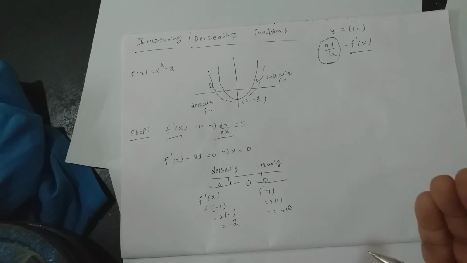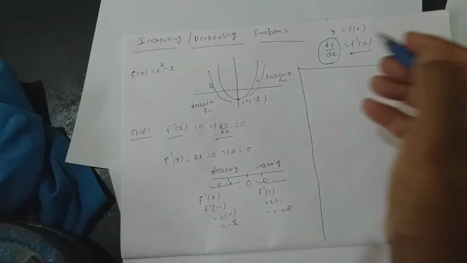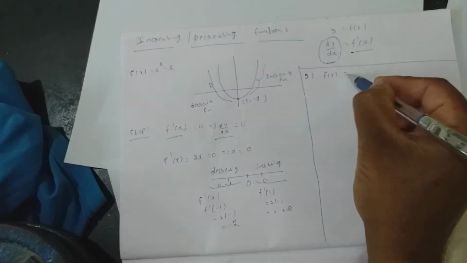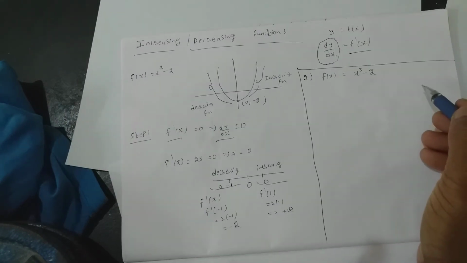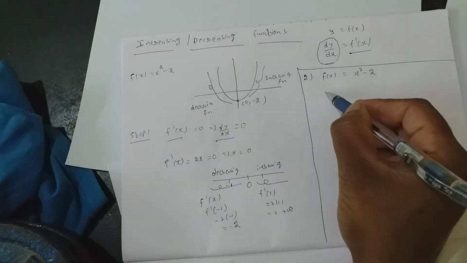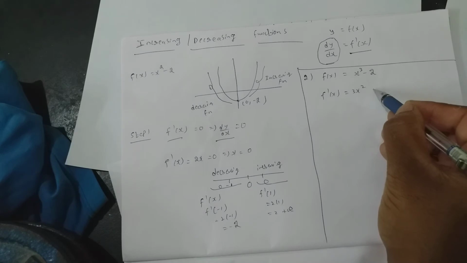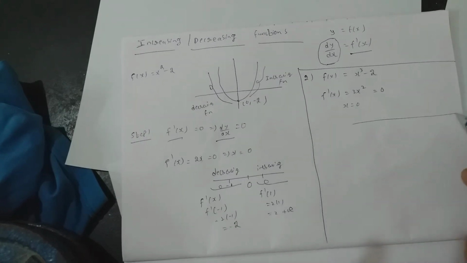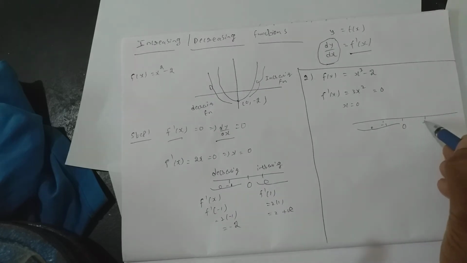Am I clear so far? Let us see one more example then. Now if f of x equals x cube minus 2. Clear? Now f dash x, how much will I get? 3x square. First step, equate it to 0. So what is the value of x that I get? 0. Now here minus 1 and here plus 1.